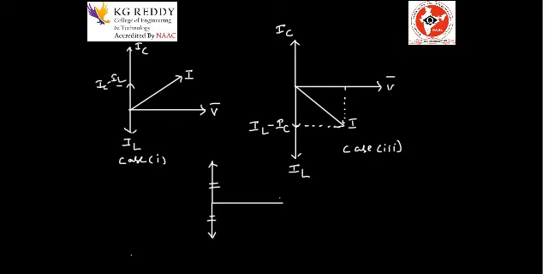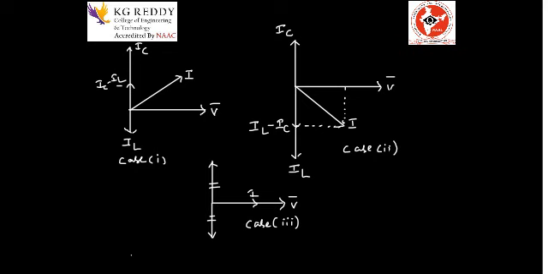When both are the same, we get resistive in nature. So the resultant current I, these two are in phase with each other. So this is the vector diagram of case 3.